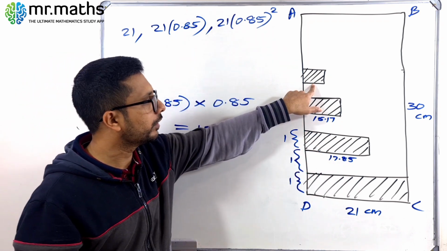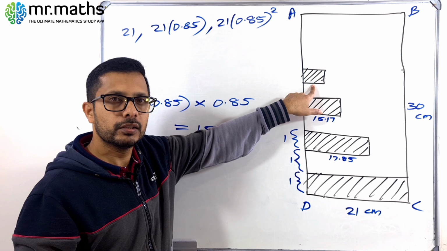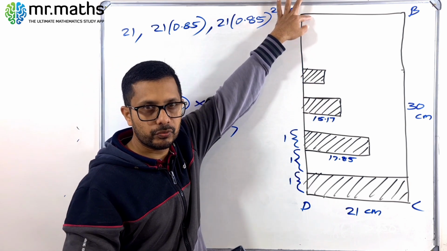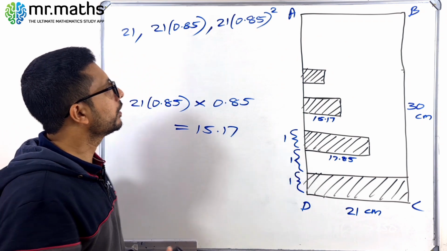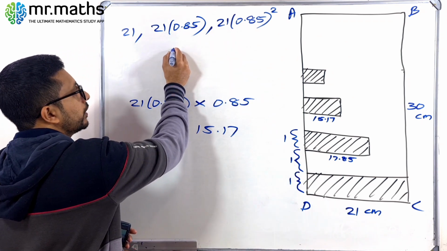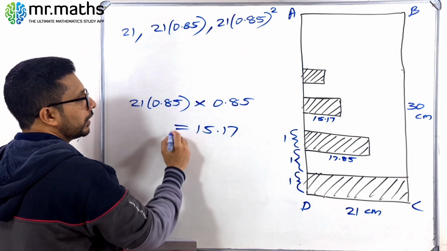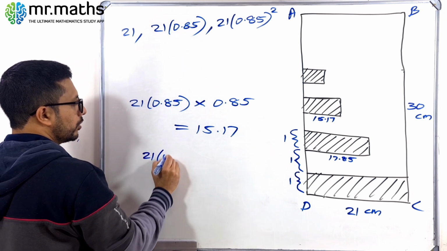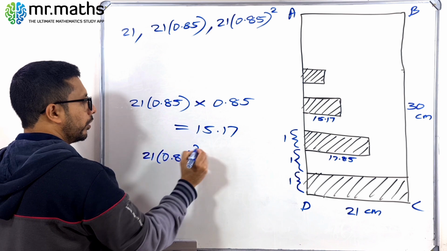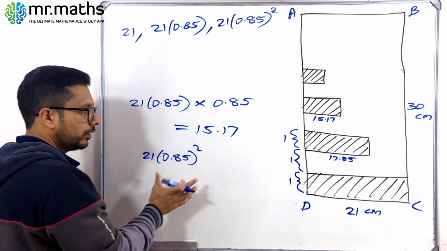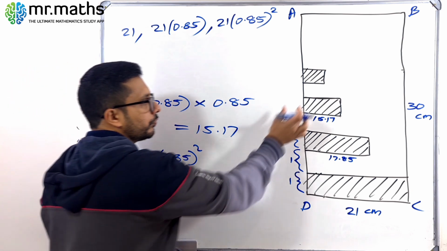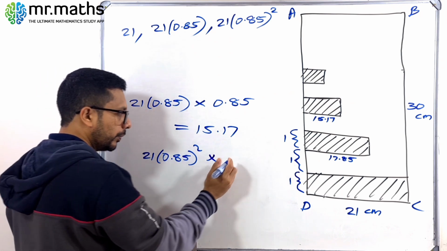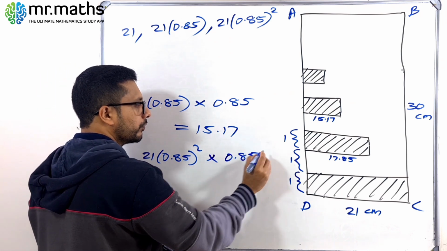Now how can I find the length of the fourth one? It is not finishing here, it is continuing like this. Don't forget that. Let me write it here. The third is 15.17, that means 21 times 0.85 squared. To find the length of the fourth, again I have to find 85% of this, that means times 0.85.